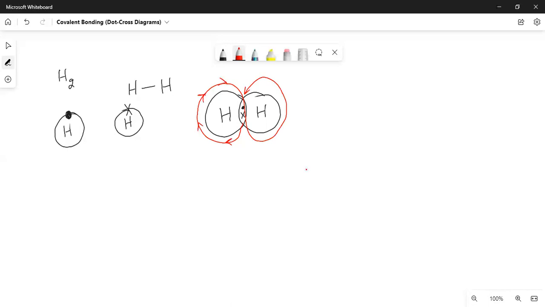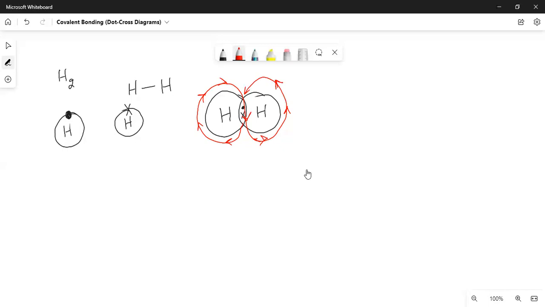Now, this speedy movement through the structure actually gives both the atoms a feel that they both have 2 electrons each. Get the point? So, simply speaking, they both think that they are stable.